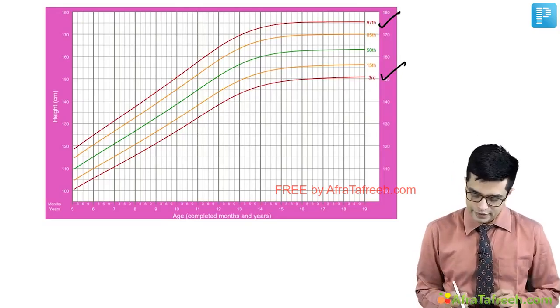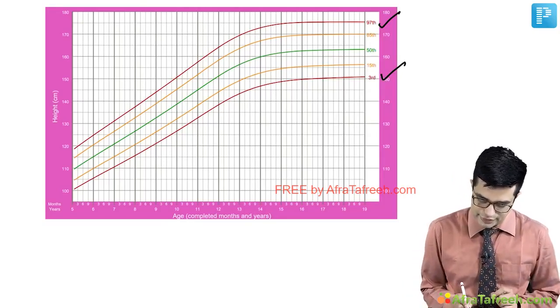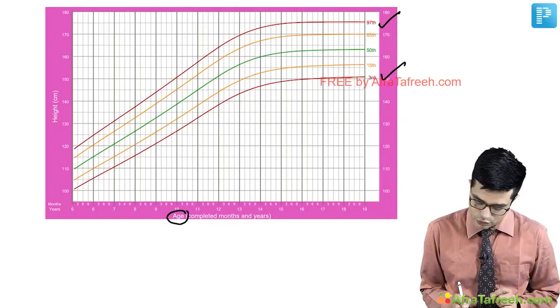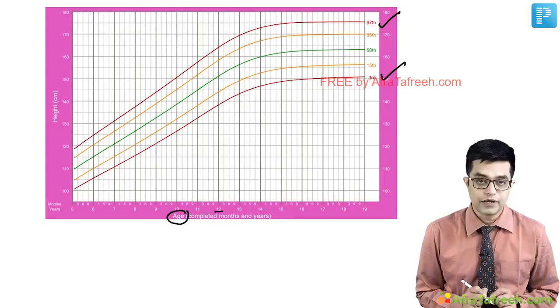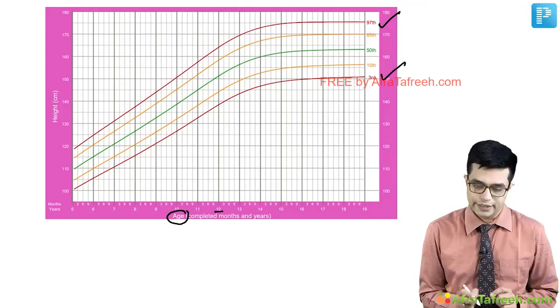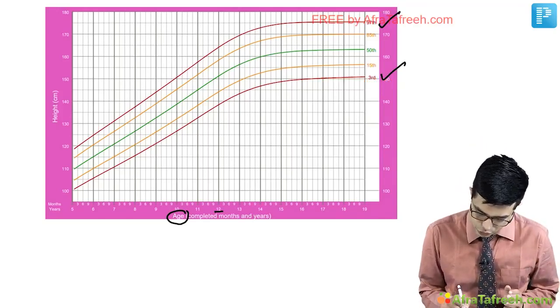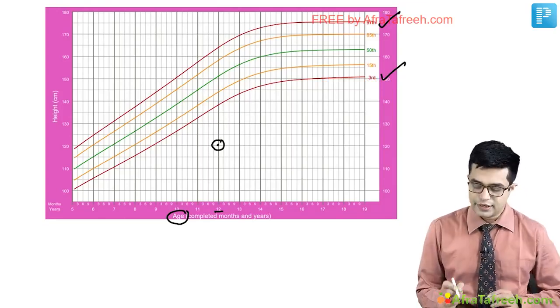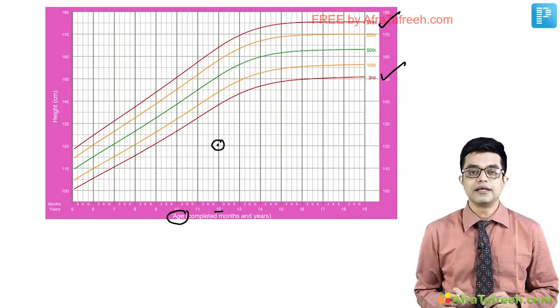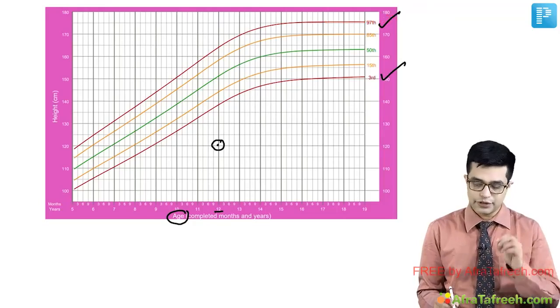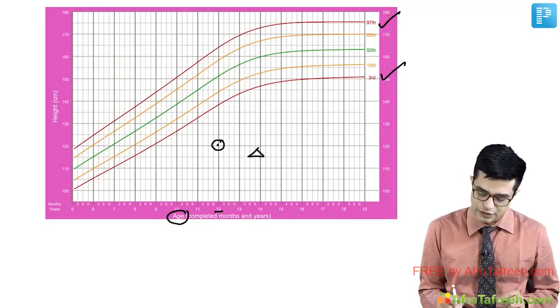On the x-axis you have age, so look at the age in years, it is 12. On the y-axis you have height, and the height is 120 centimeters. So you will plot it here. This is where it is lying. Now it is lying below the 3rd centile. So what is your diagnosis? The diagnosis in this patient is short stature.